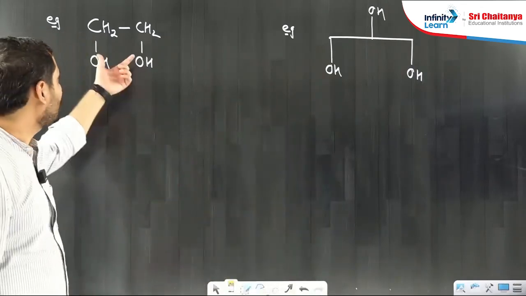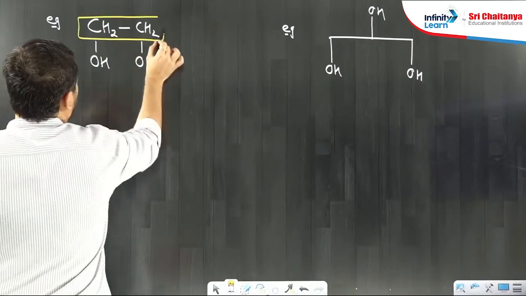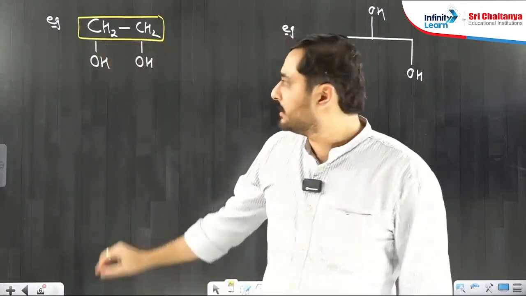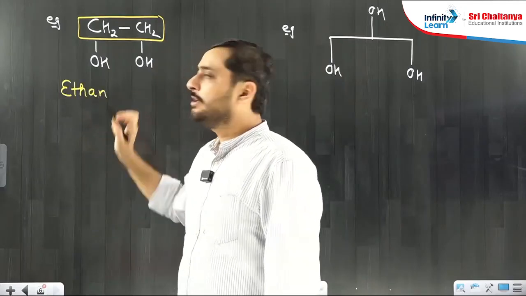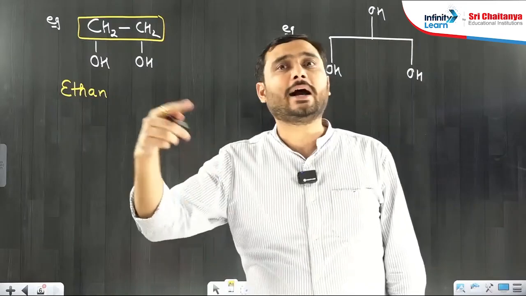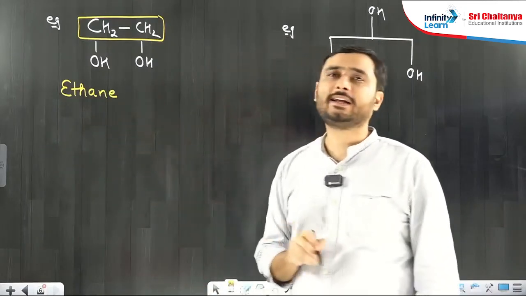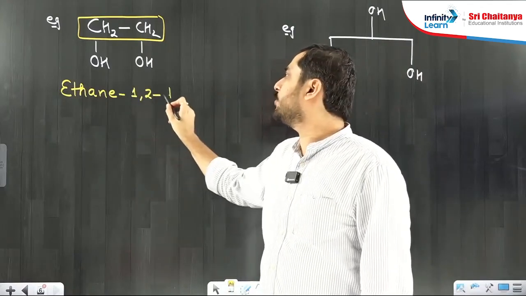So if we start from the first one, how many carbon atoms are present in the parent chain? 2 carbon atoms. And what is the word root for 2 carbon atoms? It is eth. Now it is a single bond, so it is ethane. Now if you check, 2 vowels are not coming. What is coming? Diol. D is not a vowel, so no need to remove E. So we will write complete ethane. Now at first and second position, what is present? 2 alcohols are present.